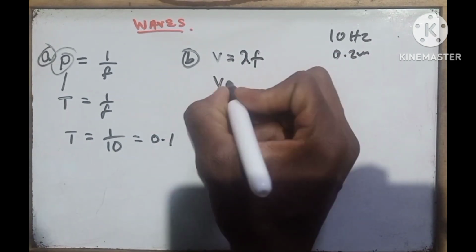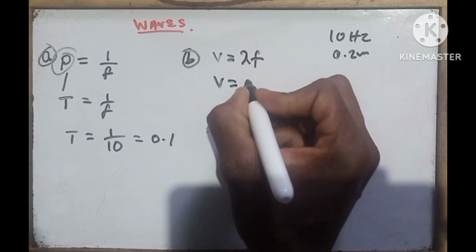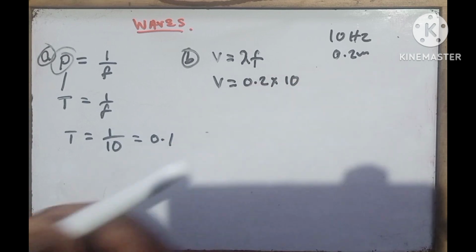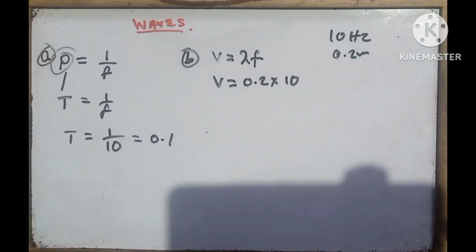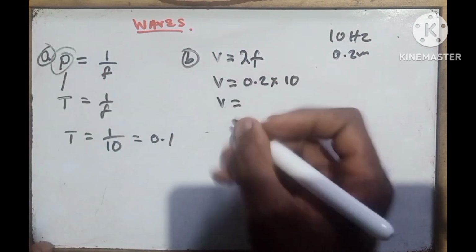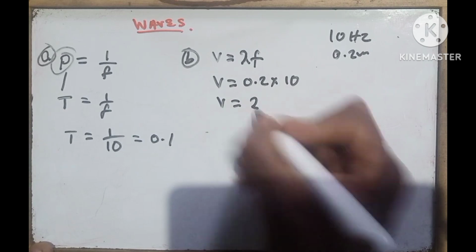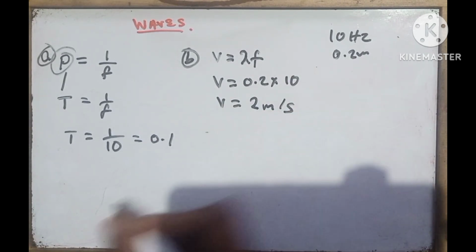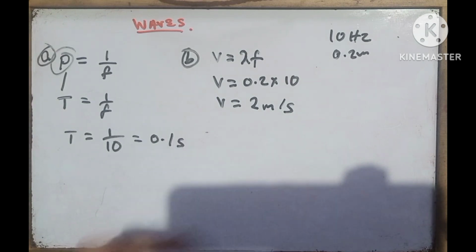The wavelength is 0.2 and the frequency is 10. So 0.2 times 10 is 2. So the speed of this given wave is 2 meters per second. And the period here is 0.1 seconds.